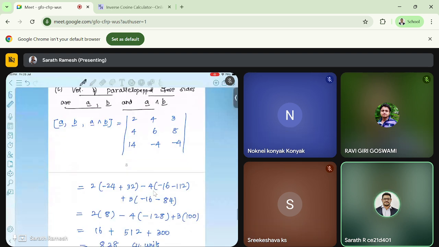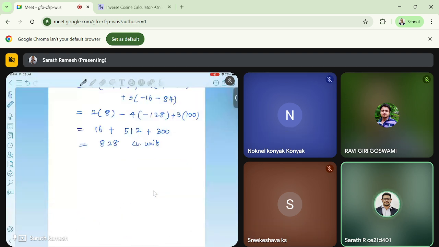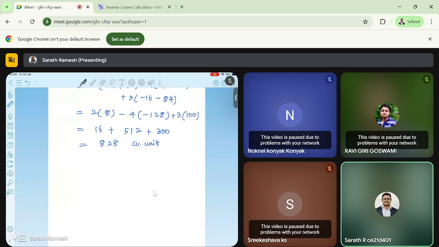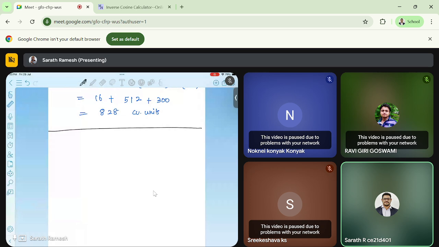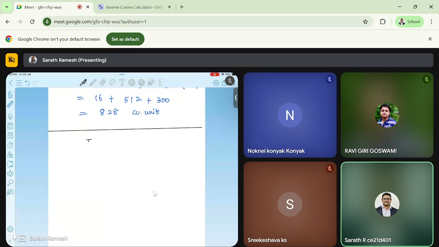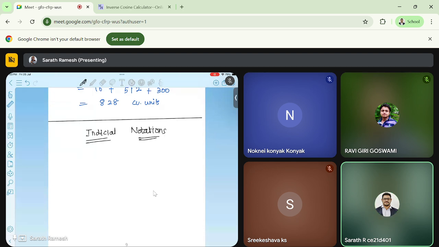Next we will see some problems related to indicial notations. Actually, you might have thought we came for mechanics of materials, but in the week 1 lectures we are going through the basics of mathematics and some notations which are not actually mechanics, though these questions can come.